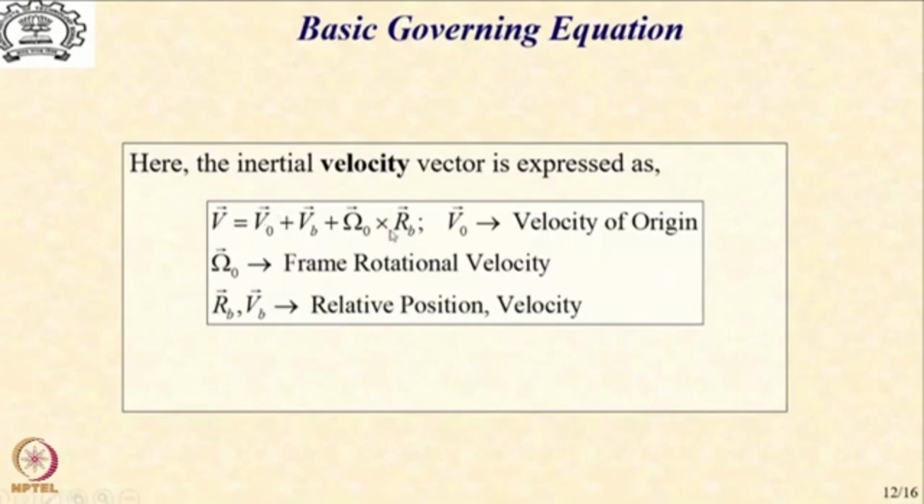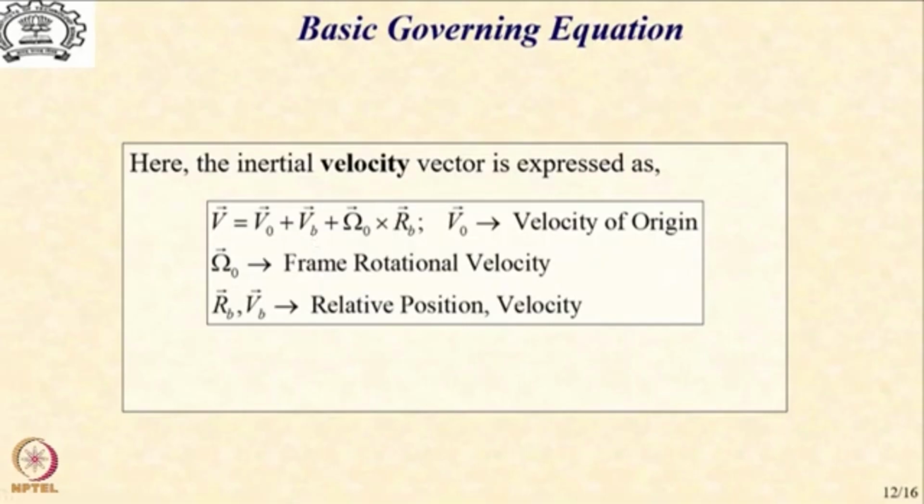Of course, we have not yet introduced a coordinate system, but assuming that there is a coordinate system which is in reference to another inertial coordinate system, then V0 represents the velocity of the origin of the chosen coordinate system in relation to the inertial coordinate system.